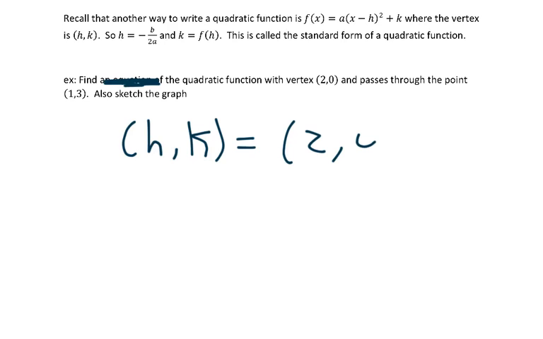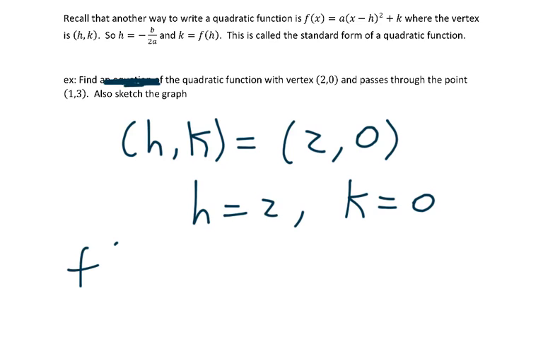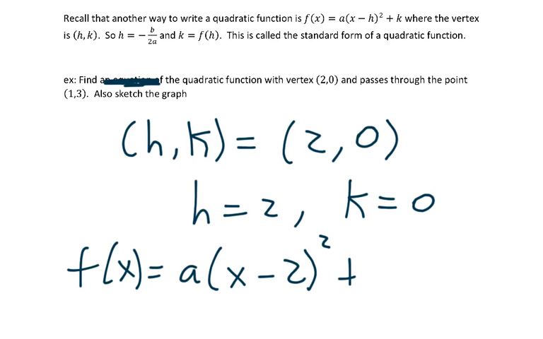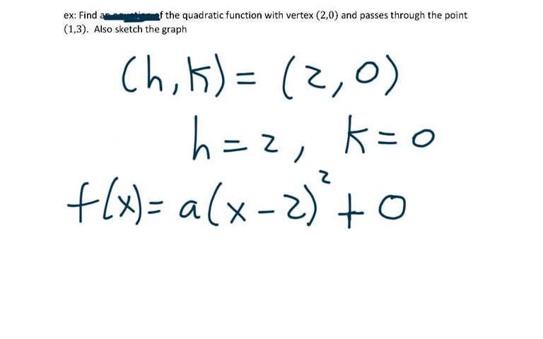This is 2, 0. So if these two are the same, that implies h must be 2 and k must be 0. So in other words, we have f of x equals a times x minus 2 squared. k is 0, so really we shouldn't write 0 here, but it's okay to do that for now, although we can just write it like this.